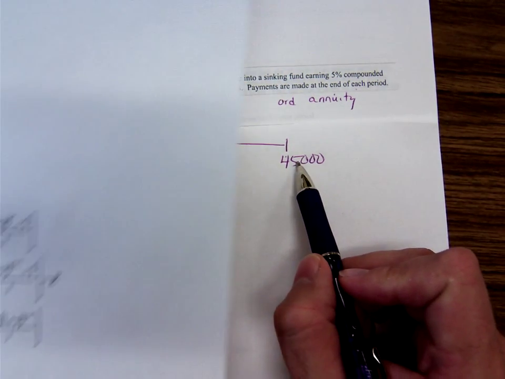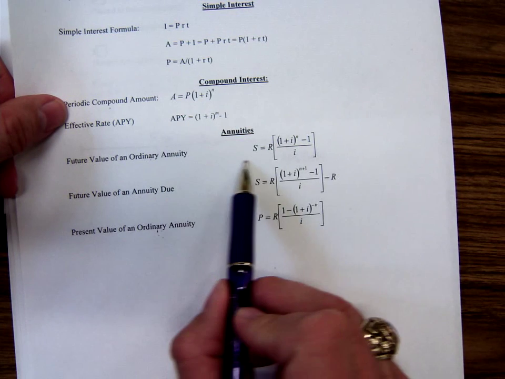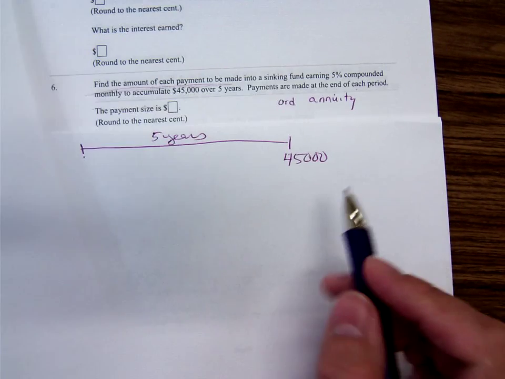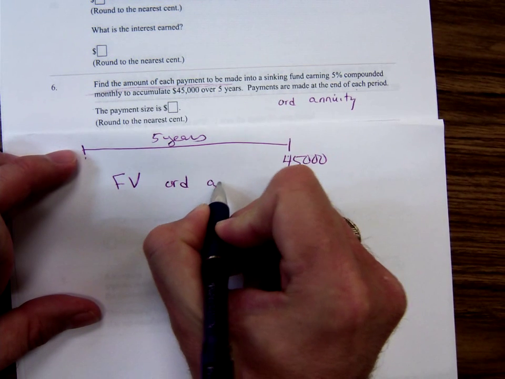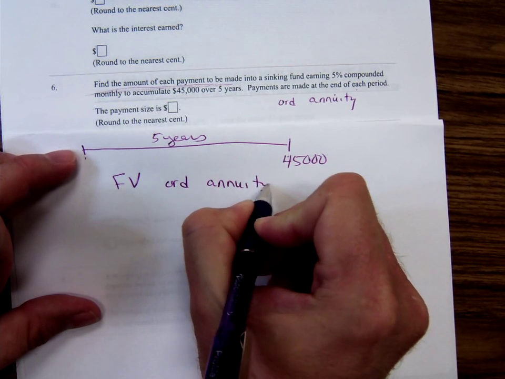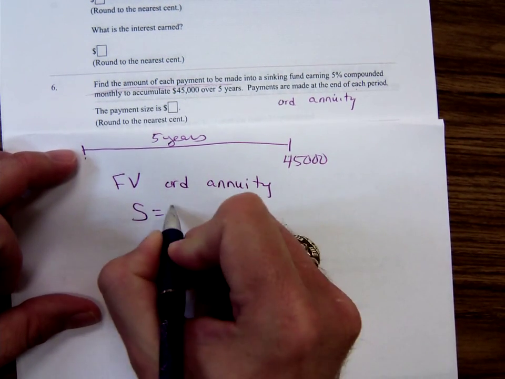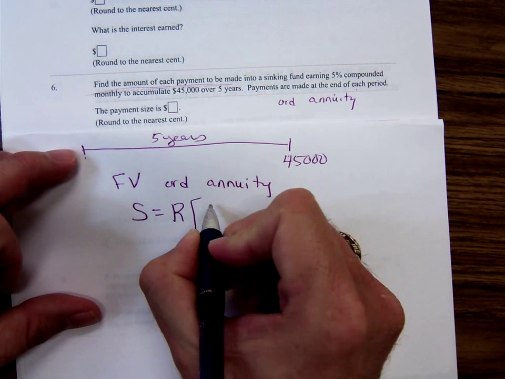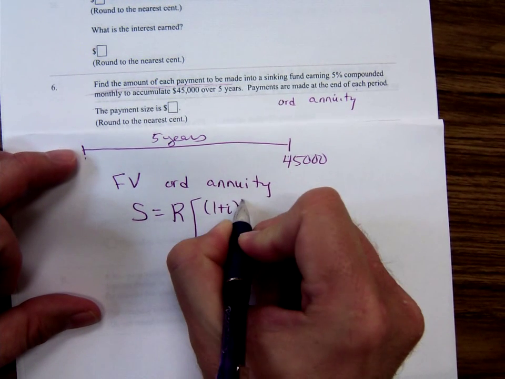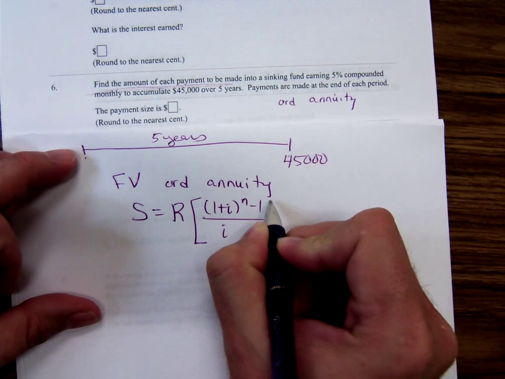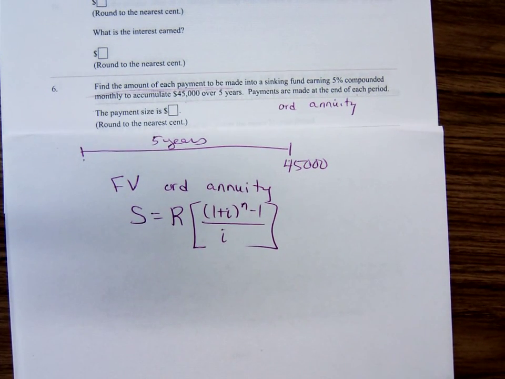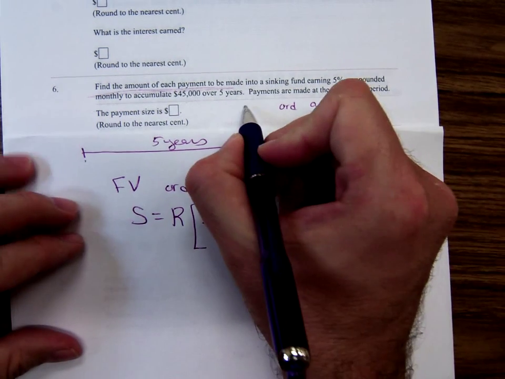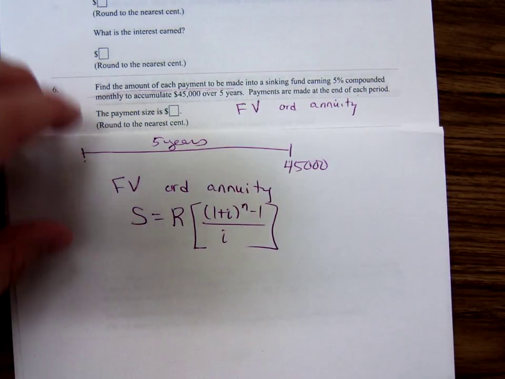It's future value of an ordinary annuity. S equals R times 1 plus I to the n minus 1 all over I. So number 6 is future value of an ordinary annuity.